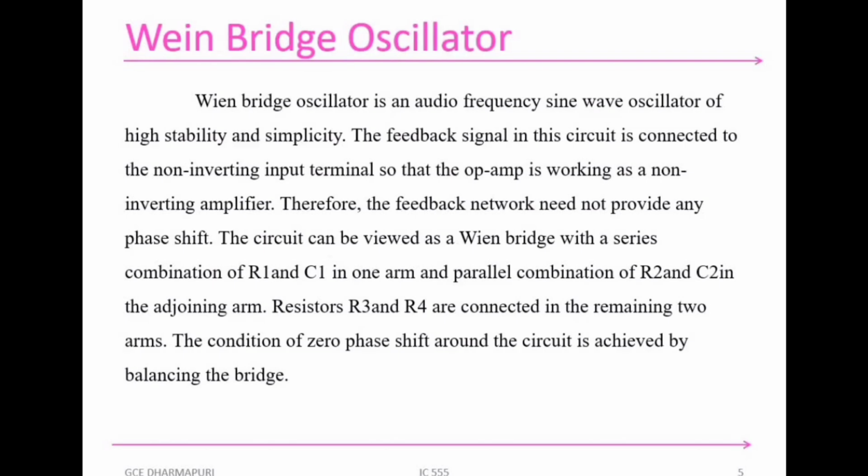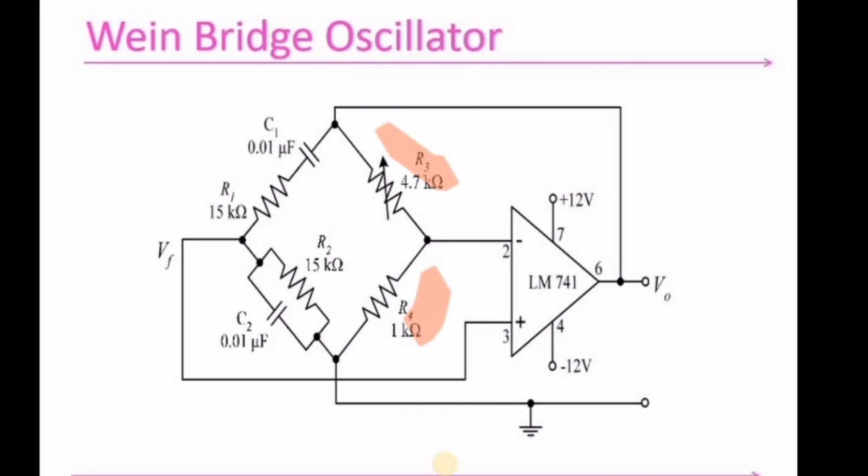The circuit can be viewed as a Wein Bridge with a series combination of R1 and C1 in one arm and a parallel combination of R2 and C2 in the adjacent arm. Resistors R3 and R4 are connected in the remaining two arms. The condition of zero phase shift around the circuit is achieved by balancing the bridge. Now let us see the circuit diagram of the Wein Bridge oscillator.